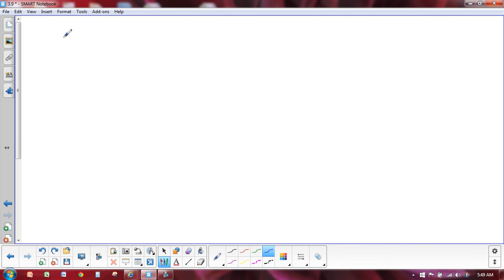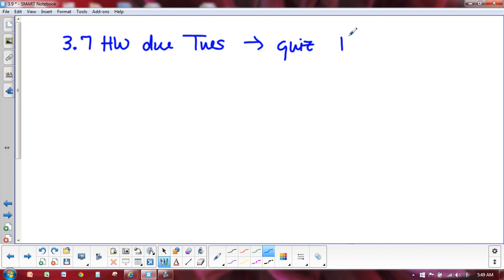But there are always notes on D2L that you can verify. That last slide of notes will tell you what's optional and what's required. So if you want to quiz in your group tomorrow, 3.7 homework has to be completely done. Take time today to address questions within your group about 3.7, and at that point make notes of whatever we need to go over tomorrow in class.